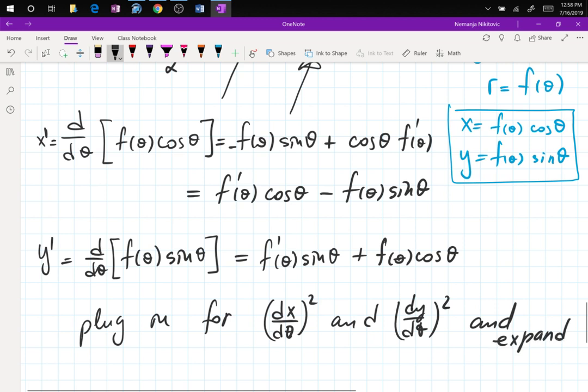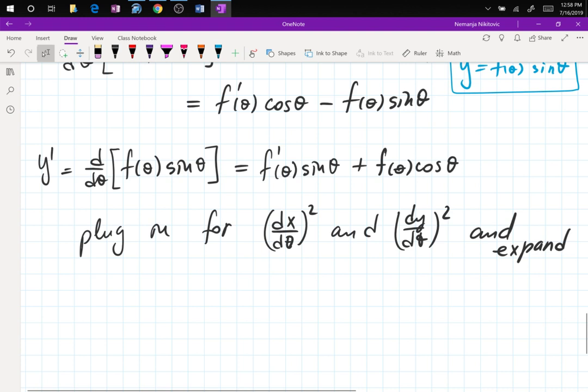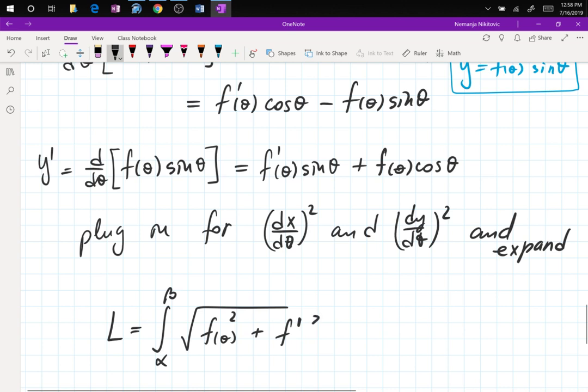I'm just going to skip that stuff so we are not staying here for dinner as well. And you will get to the length of the curve is equal to the integral from alpha to beta of the square root of f of theta squared plus f prime of theta squared d theta.